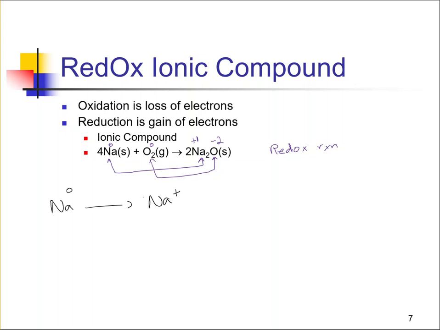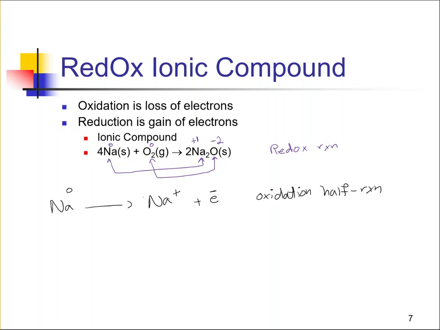From 0 going to +1, it means that sodium has lost electrons. Remember, losing electrons causes the positive charge. So since sodium is losing electrons, it's being oxidized. This is called the oxidation half reaction.